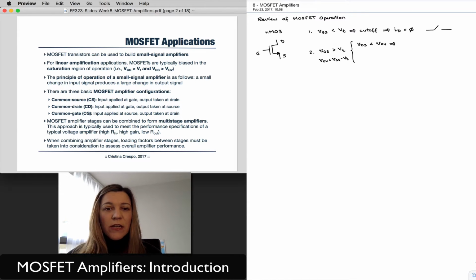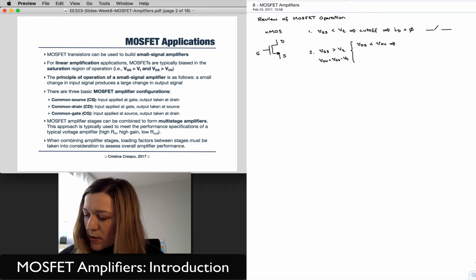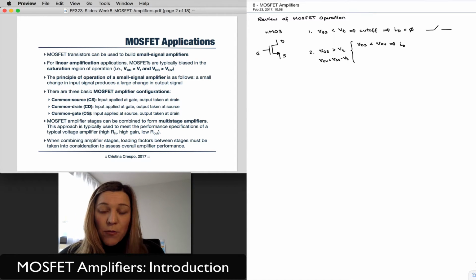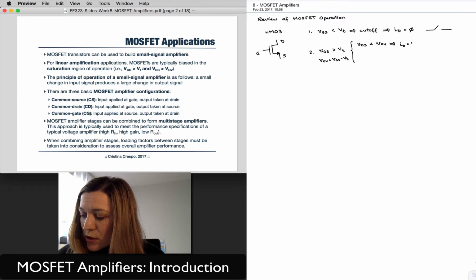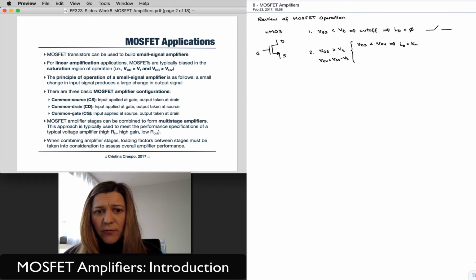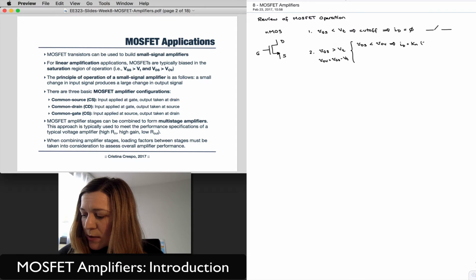A quasi-linear dependency there, so we can model the transistor as a resistor. That's why we call that the triode region. And so we saw that we came up with a model for ID that said ID was equal to Kn, the transconductance parameter, times the overdrive voltage minus 1/2 of VDS, times VDS.